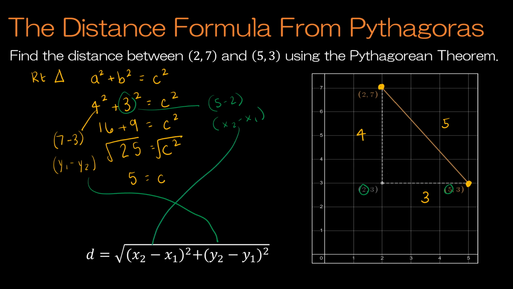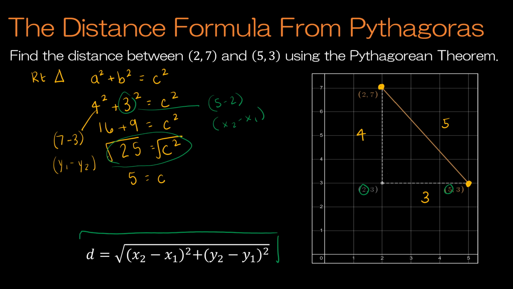And it doesn't matter the order in which we subtract because we're going to end up squaring it, which is going to make it positive. So then, of course, we would take the square root at the end, just as we did in our example. So this is the distance formula, and we can use that distance formula without having to draw the triangle and use the Pythagorean theorem. We can just go straight to the distance formula.